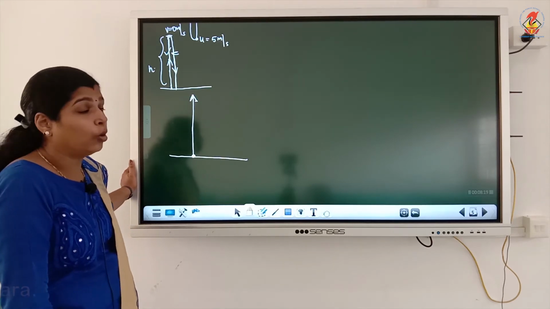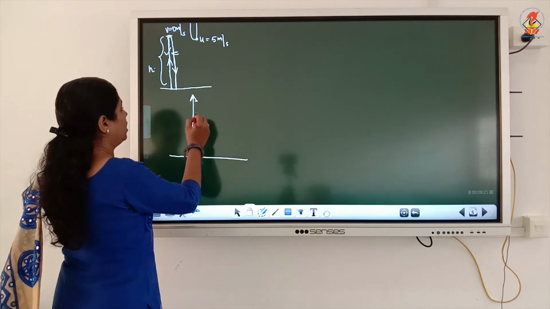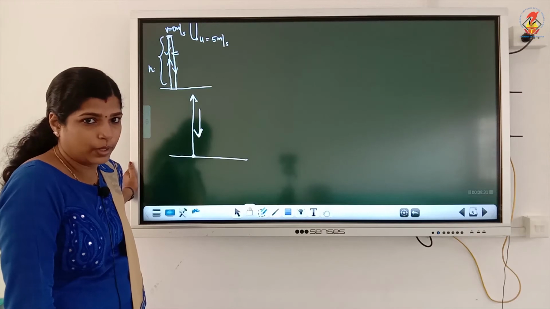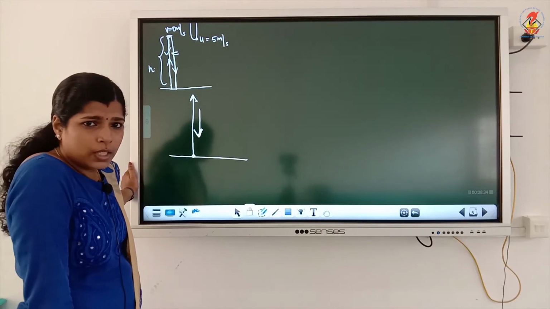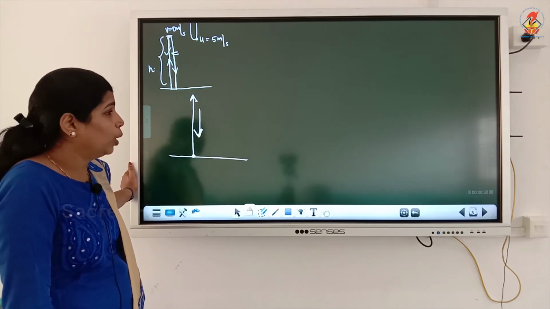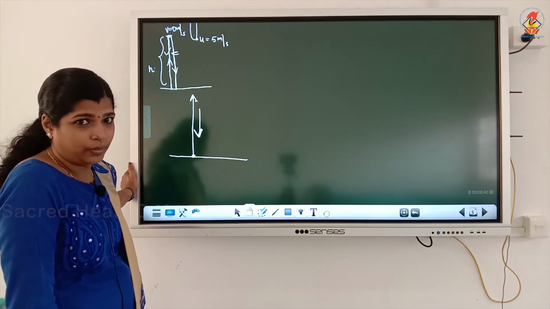Earth will attract all the objects in the downward direction. So, the earth is attracting all objects towards its center with an acceleration of 10 meter per second square, or 9.8 meter per second square, in the downward direction.